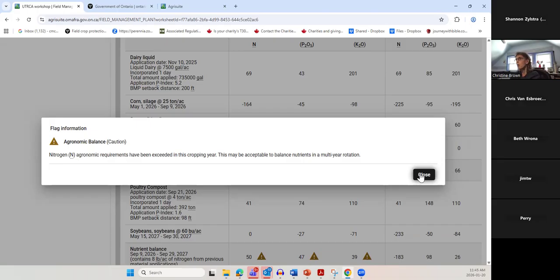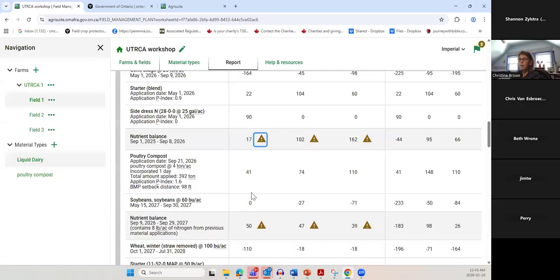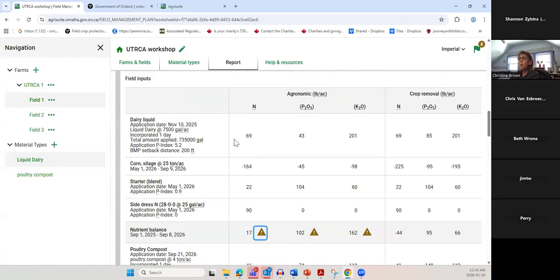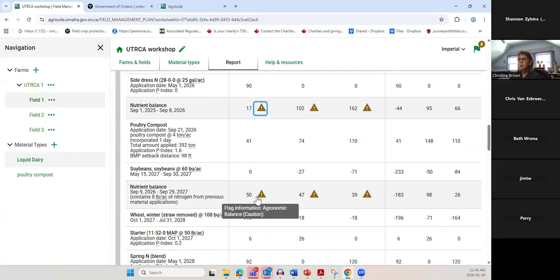So there you want to know that the crop is actually going to utilize 200 pounds of nitrogen or more. And that often happens when I'm applying, let's say, a manure that doesn't get incorporated, or there's a fair bit of that ammonia that's allowed to be lost. Then even though there's more than 200 pounds of nitrogen being applied, it might not all be there for the crop. So it gives those environmental indicators.